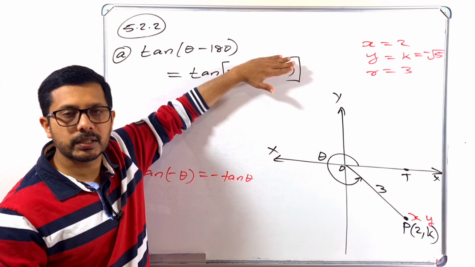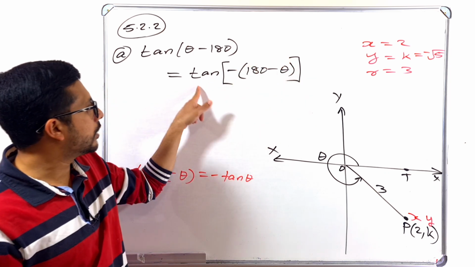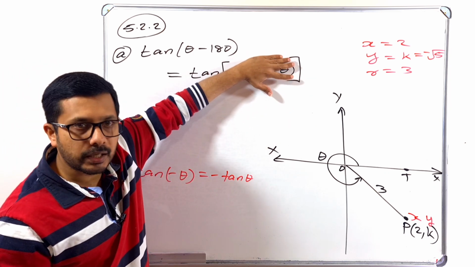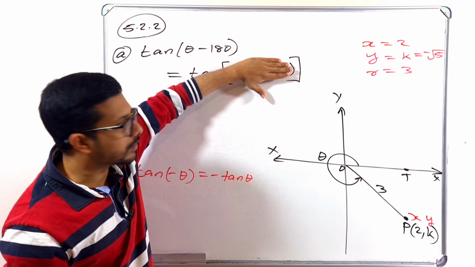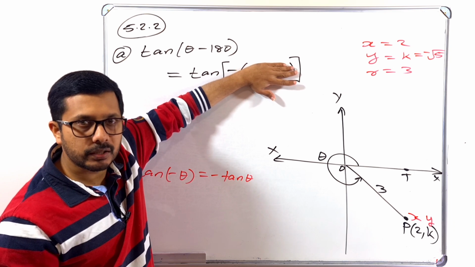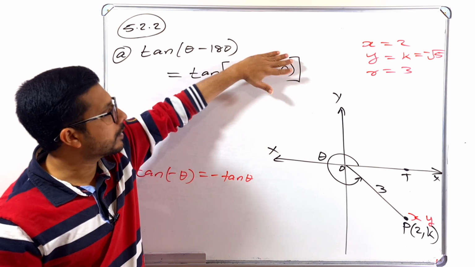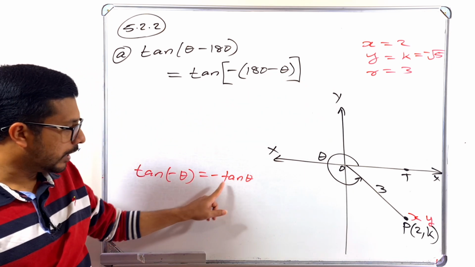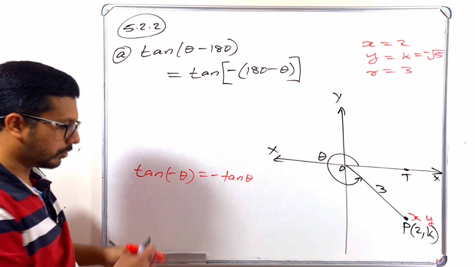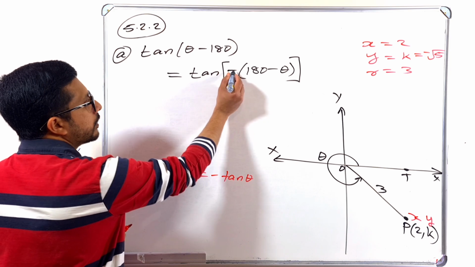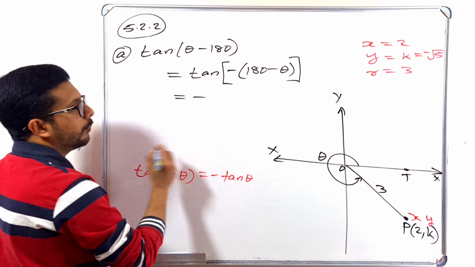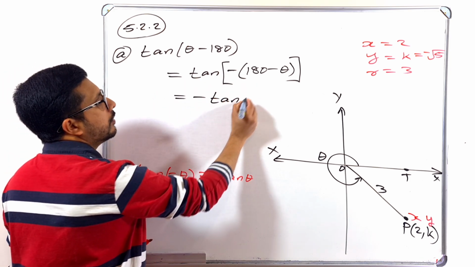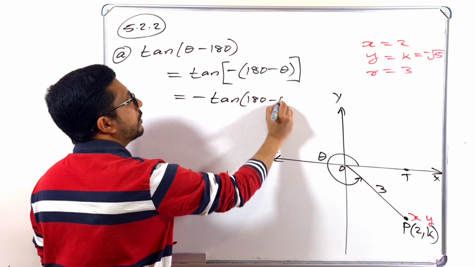This 180 minus theta is the angle. So you have to consider this as theta. 180 minus theta is your theta. So tan of minus that angle, how can you write? Minus tan of that angle.